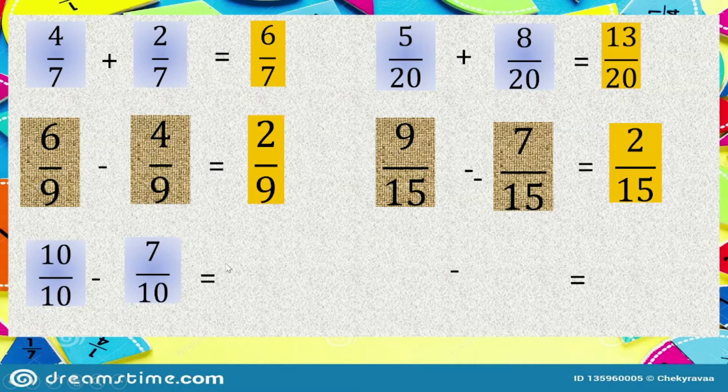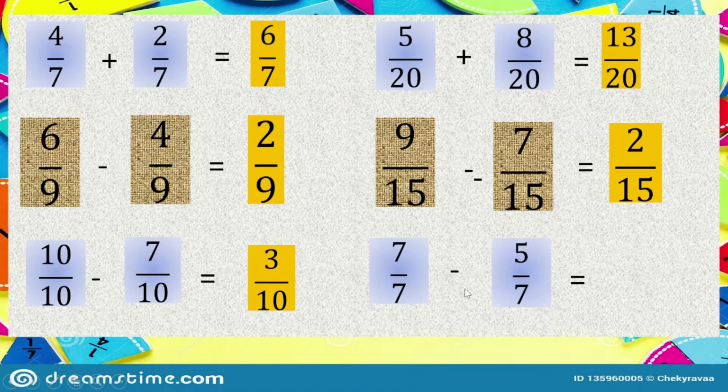Then 10 over 10 minus 7 over 10, so we have 3 over 10. And then 7 over 7 minus 5 over 7 is 2 over 7. So napakasimple, napakadali lang pag same ang denominator. Yung numerator lang natin ang isusolve pag sa addition and subtraction.